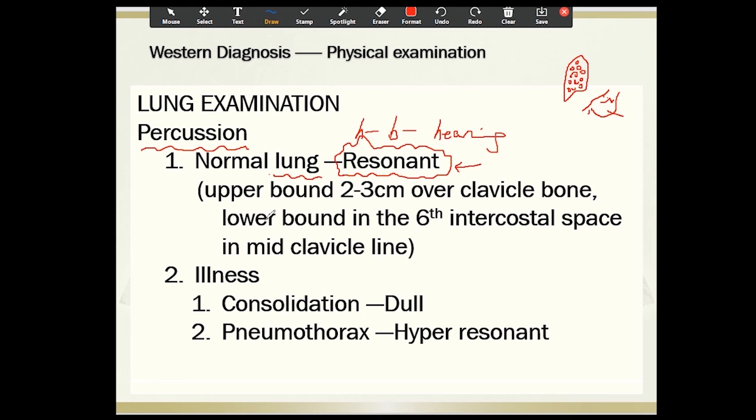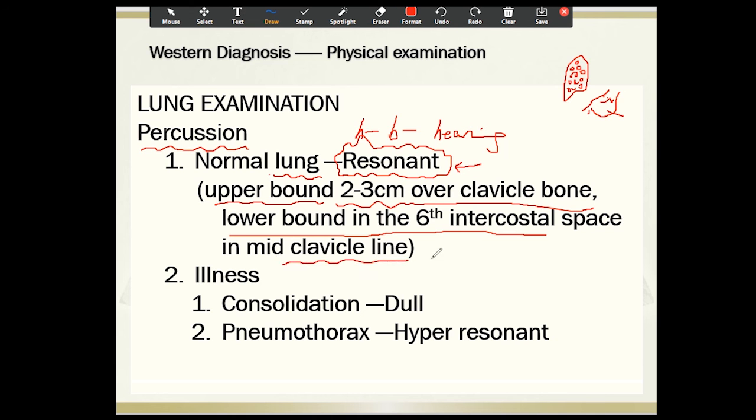So where is the lung air? Upper border, 2 to 3 centimeters over the clavicle bone. Lower border, we're talking about normal respiration, not deeper breathing in, not deeper breathing out. That's in the 6th intercostal space, in the middle clavicle line.